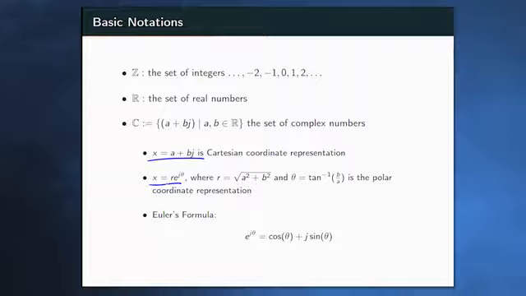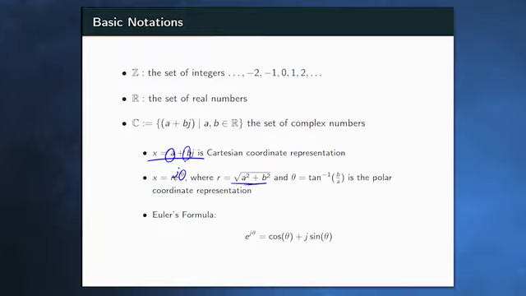So in this polar coordinate, if you write x as r multiplied by e to the j theta, r here is square root of a squared plus b squared, and this a and b are the a and b used in the Cartesian coordinate. Theta is tangent inverse of b over a, where b and a are used in the Cartesian coordinate.